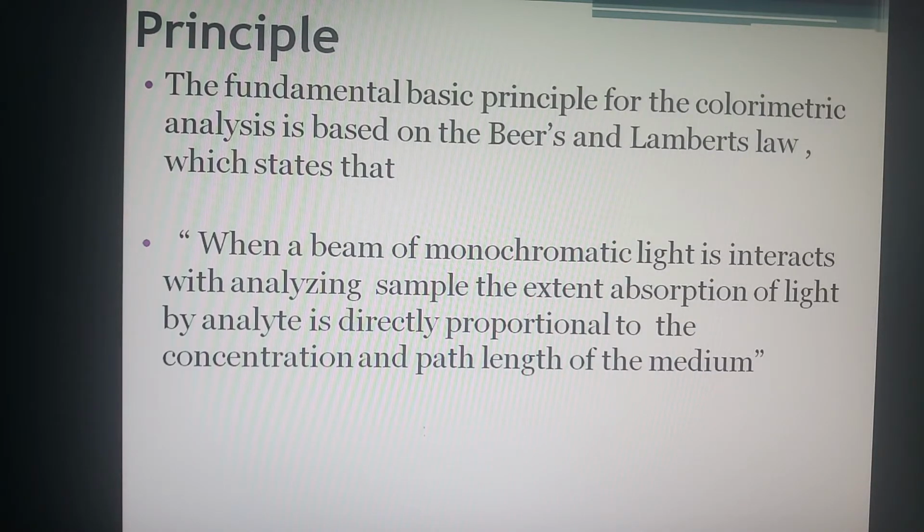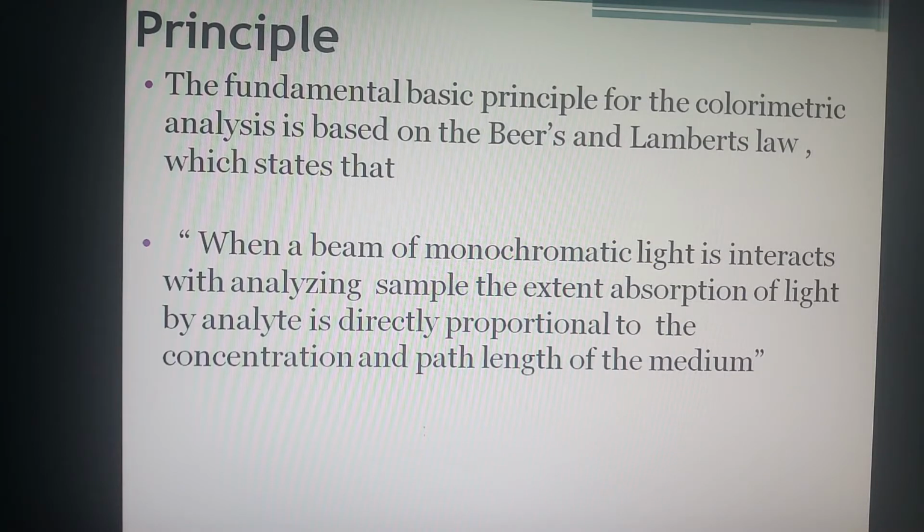Now the basic principle involved in the working of this colorimetric tool. The fundamental principle is Beer-Lambert's law, which states that when a beam of monochromatic light interacts with the analyzing sample, the extent of absorption by the analyte is directly related to the concentration of the medium as well as the path length of the medium.